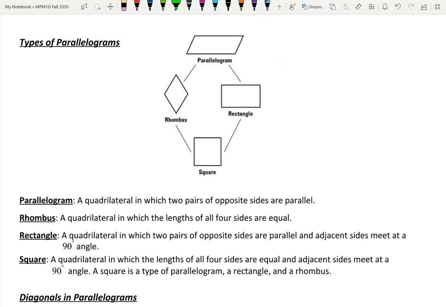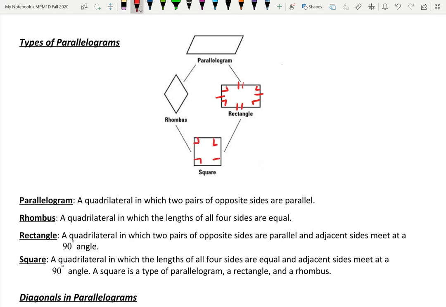A rectangle is a quadrilateral in which 2 pairs of opposite sides are parallel and adjacent sides meet at a 90-degree angle. So these are all 90-degree angles. These 2 sides are equal, and these 2 sides are equal. A square is a quadrilateral in which the length of all 4 sides are equal and adjacent sides meet at a 90-degree angle.